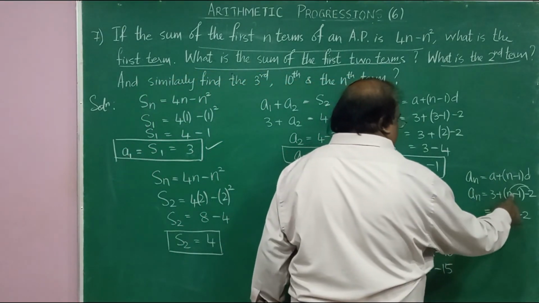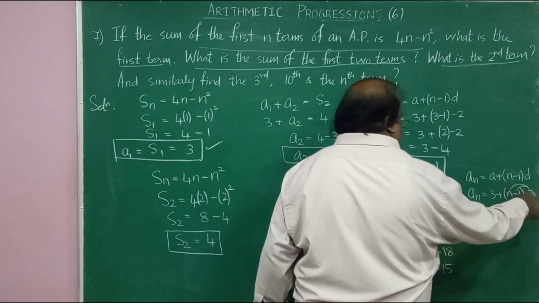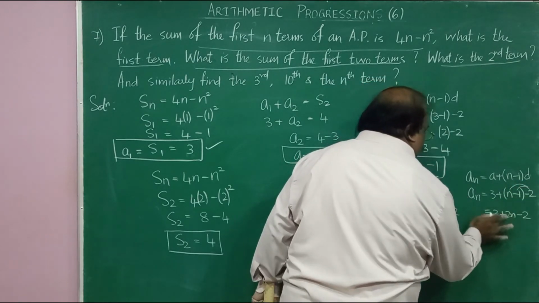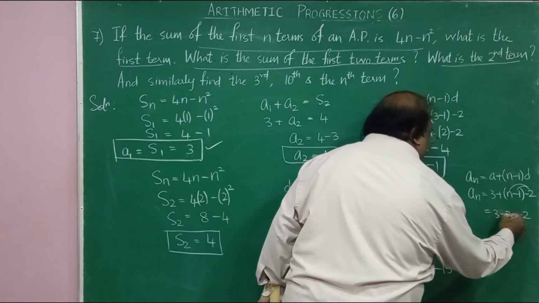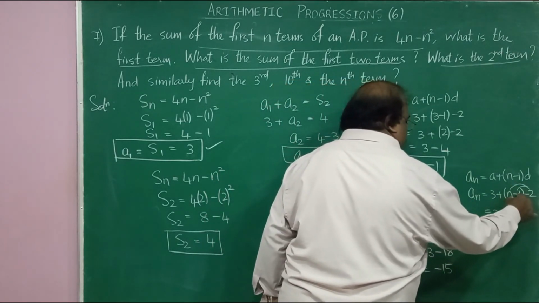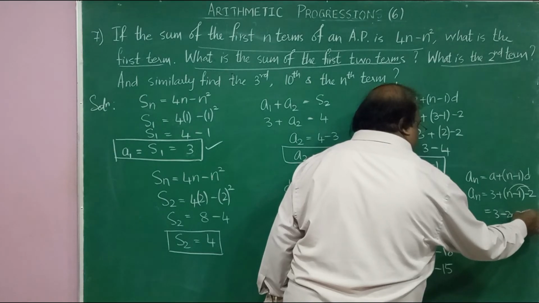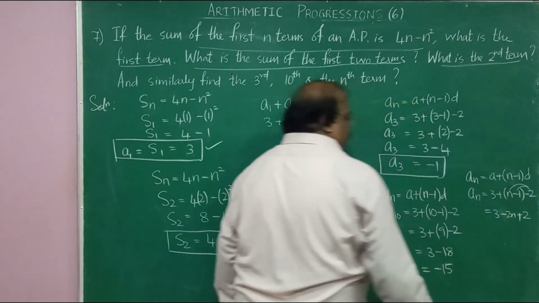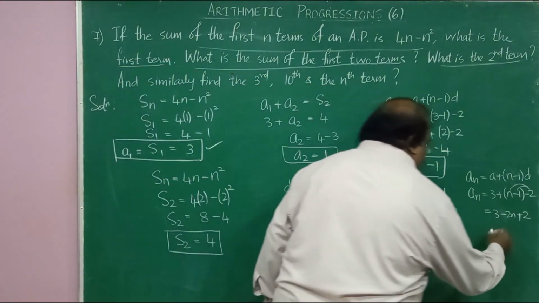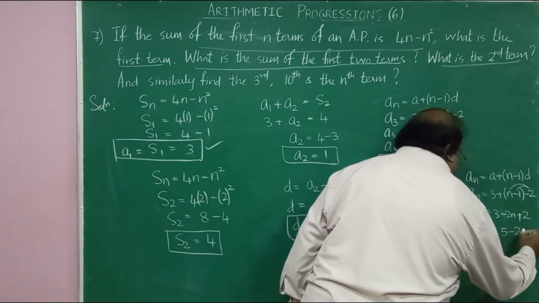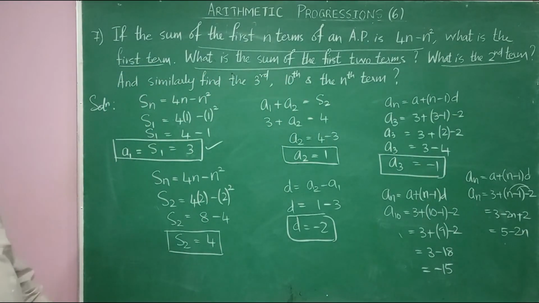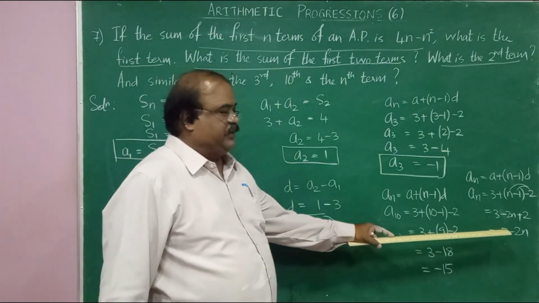So a is 3, n minus 1, d is minus 2. So 3, n into minus 2, minus 2n, correct? Minus 1 into minus 2, minus into minus, plus 2. So what is my answer? 5 minus 2n. So my nth term is 5 minus 2n.